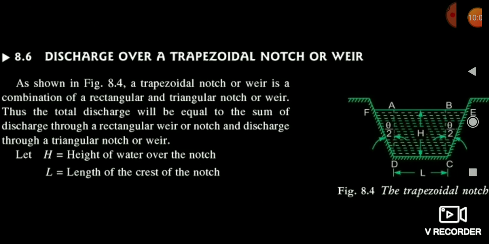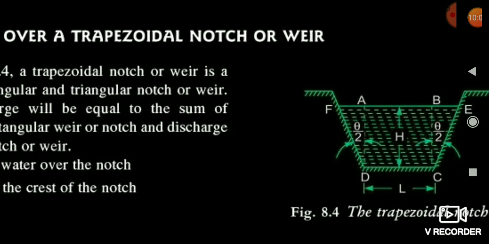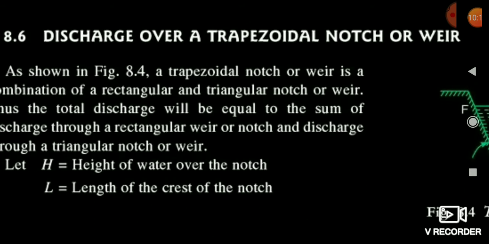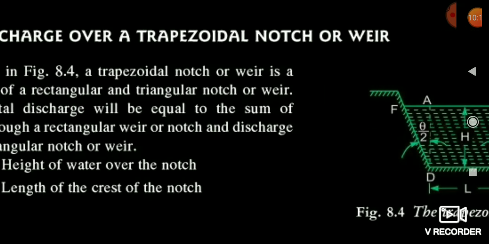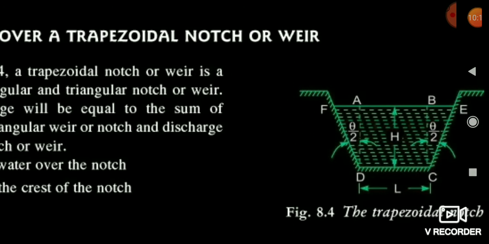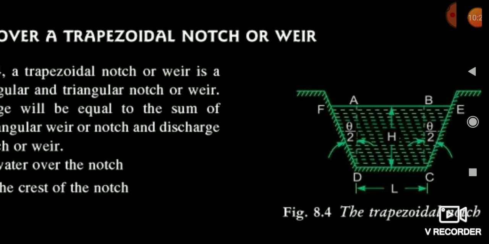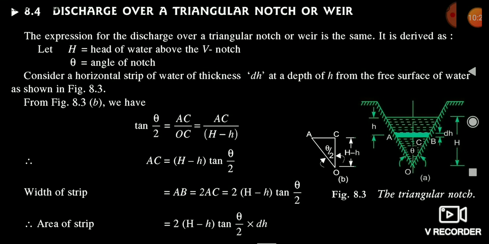And friends, many students have a doubt here: it is two triangular notches, then why are we simply doing Q2, why are we not doing 2 into Q2? Friends, I will tell you clearly here that if you join both the triangles, meaning triangle AFD and triangle BEC, then it is going to be in this shape. You can clearly see it is going to be in this V shape.